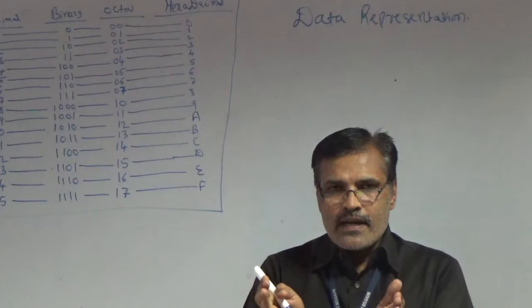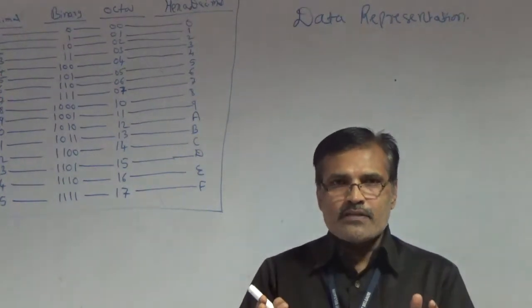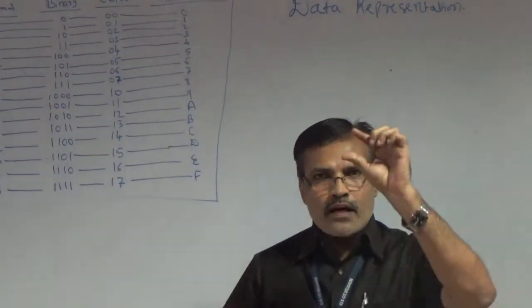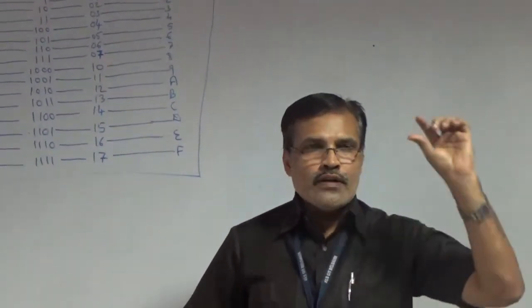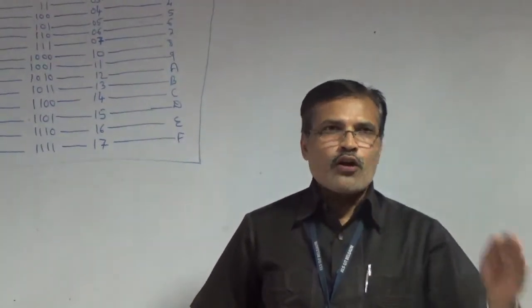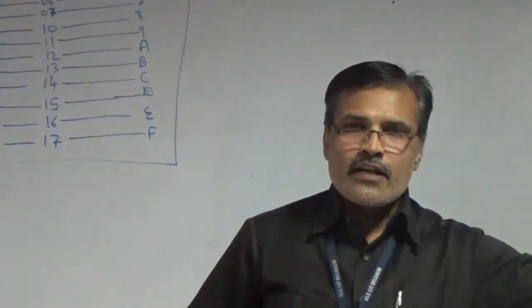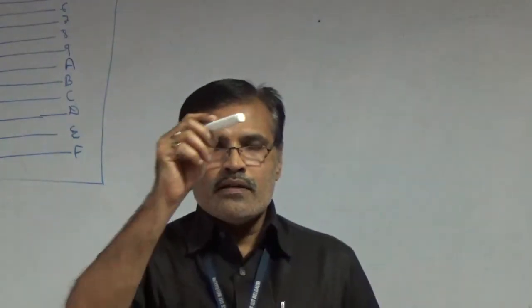External representation means how the computer displays the output or data to the external world, that is, to the users. The conversion from external representation to internal representation and back from internal to external representation is known as data representation.